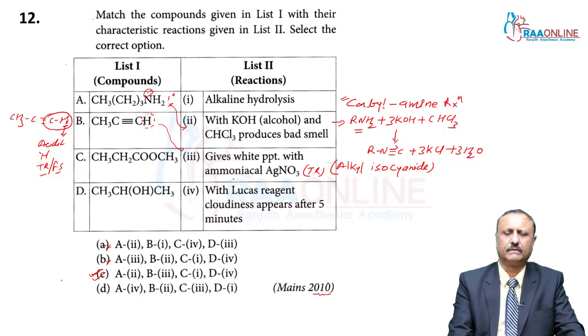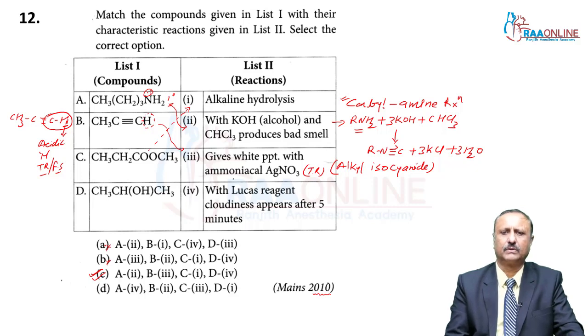Here number 1, you know the carbylamine reaction. Number 2, you know the acidic nature of alkynes. Number 3, you know the alkaline hydrolysis of esters here. So, this gives us alkaline hydrolysis. C goes to 1, and you know the test of Lucas reagent, LR. With Lucas reagent, cloudiness appears after 5 minutes.